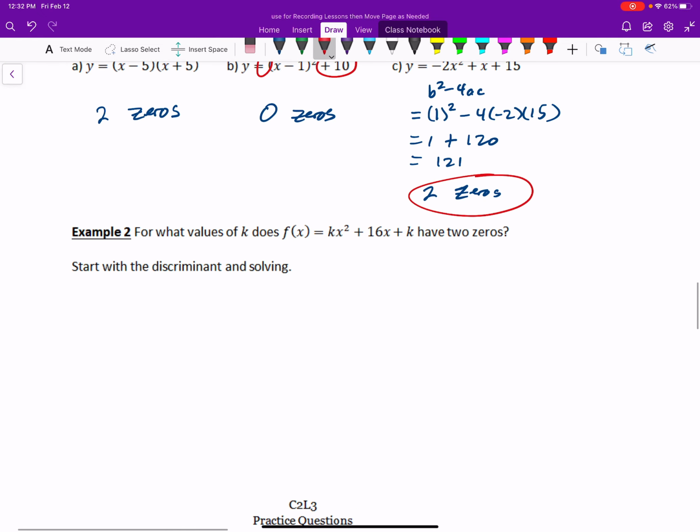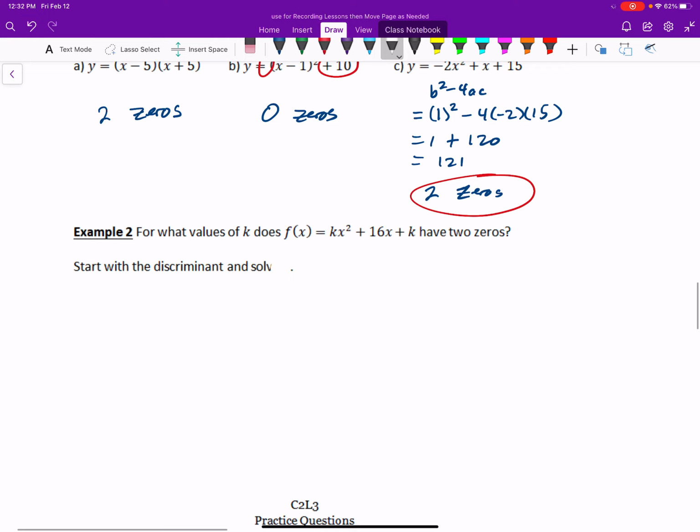Last example, for what values of k does f of x equal kx squared plus 16x plus k have two different zeros? Start with the discriminant and solve. Not solving, solve. So what we can do is we can plug this into the discriminant. So b squared minus 4ac.